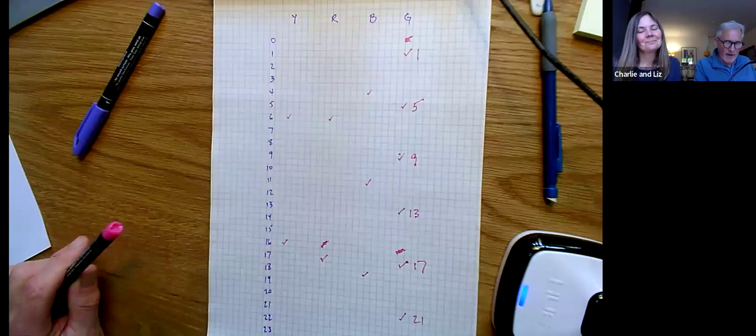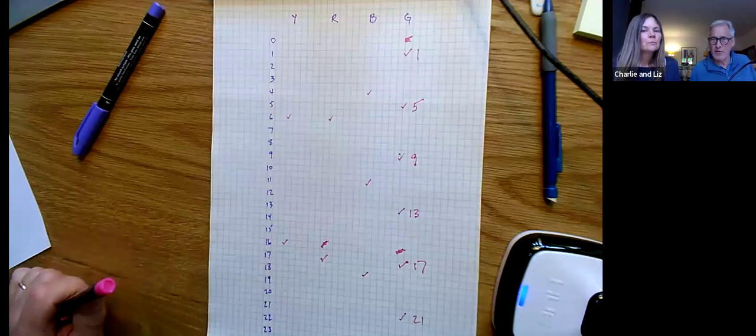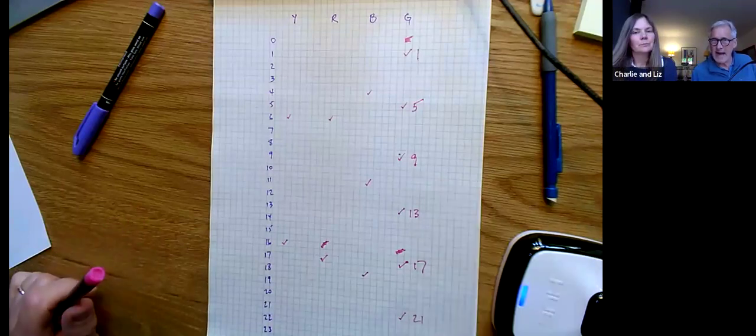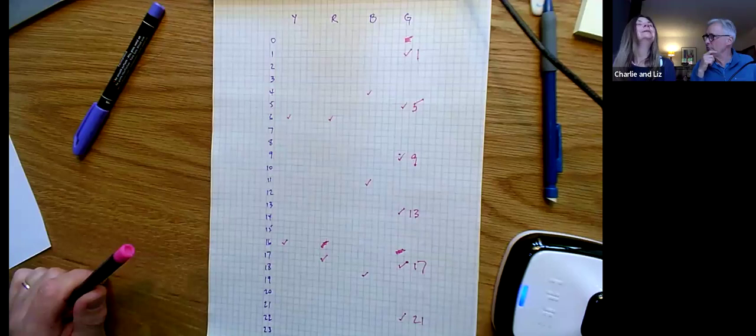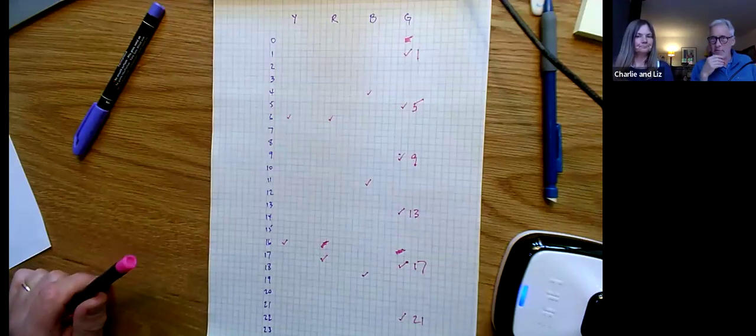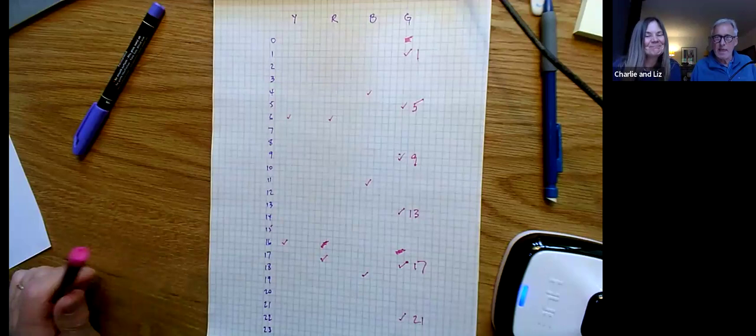It becomes very clear that the green is lighting up every 4 numbers, and that all the numbers are 1 more than multiples of 4. So 1 is 1 more than 0, 5 is 1 more than 4, 9 is 1 more than 8, which is why I knew I'd made a mistake at 16. So that's quite nice.